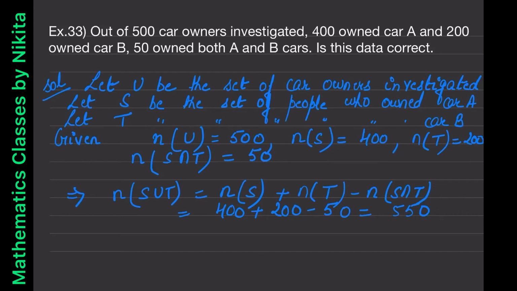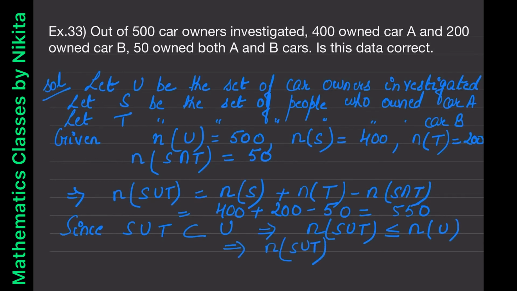And what about U? How many elements are there in U? 500. So since S union T is a subset of U, this should imply that the number of elements in S union T should be less than or equal to the number of elements in U. That means the number of elements in S union T should be less than or equal to 500.